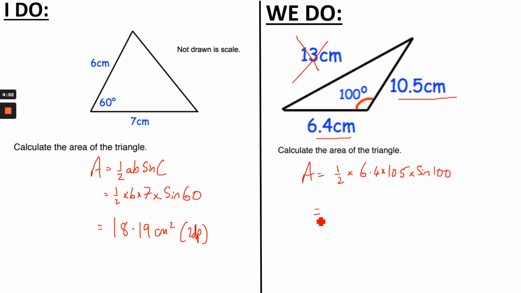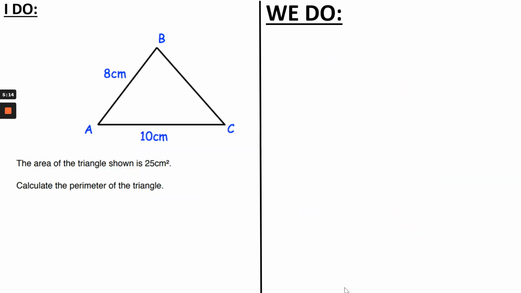You just have to type that into your calculator. So we've got half multiplied by 6.4, multiplied by 10.5, multiplied by sine 100. Again, I'm going to choose to round it to a couple of decimal places. So we've got 33.09 centimeters squared, 2 decimal places.